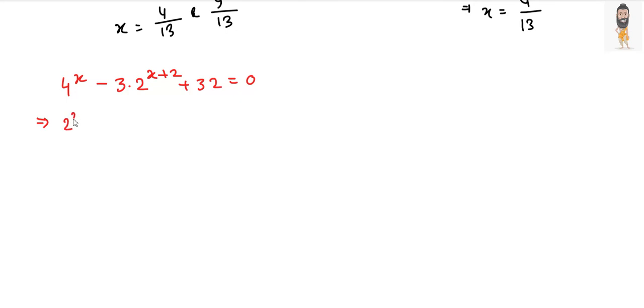So we can write 2 to the power 2x minus 3 into 2 to the power x into 2 squared plus 32 equals 0.